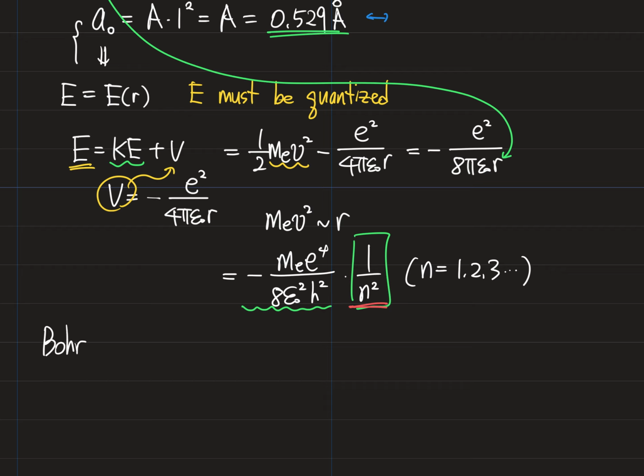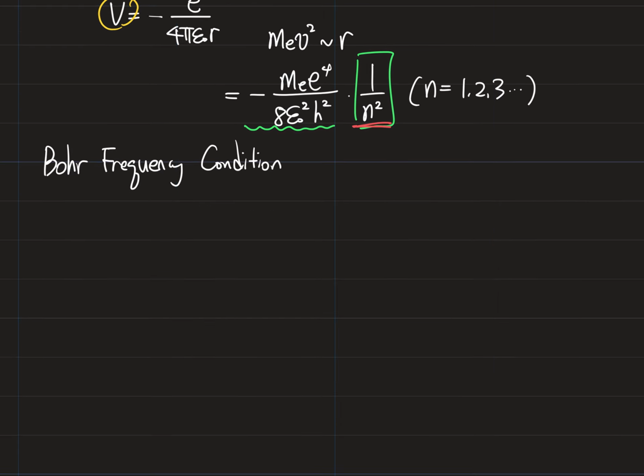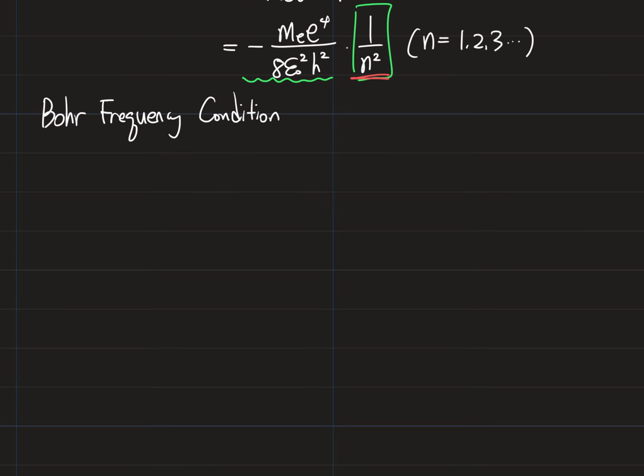For the frequency condition, the lowest energy level that is allowed, n equal 1, is the ground state, and all higher energy levels like n equal 2, n equal 3 are called excited states.